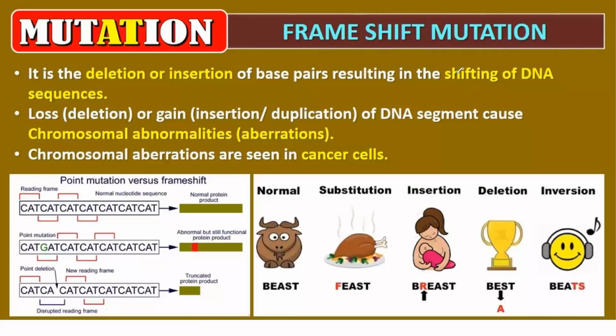If there is deletion or insertion of base pairs, even a single base pair, that will lead to a shift of the entire DNA sequence. Deletion, that is loss, or insertion, that is gain or duplication of a DNA segment, causes chromosomal abnormalities, that is aberrations. Chromosomal aberrations are seen in cancer cells. So this is about the frame shift mutation.